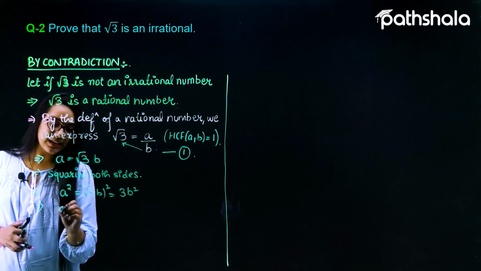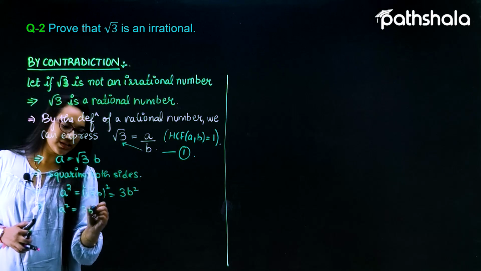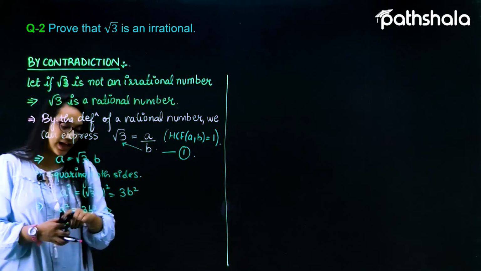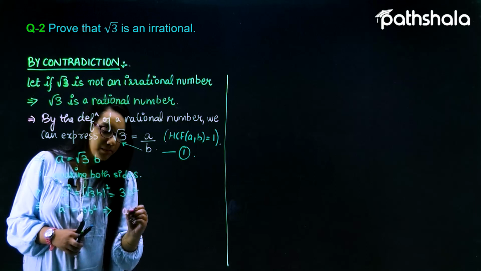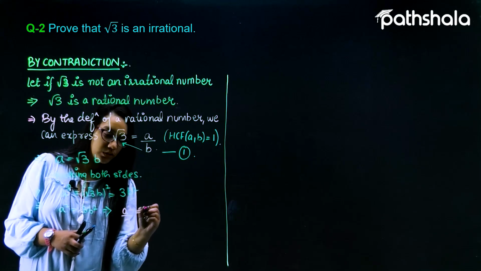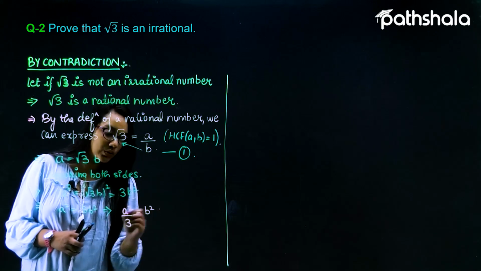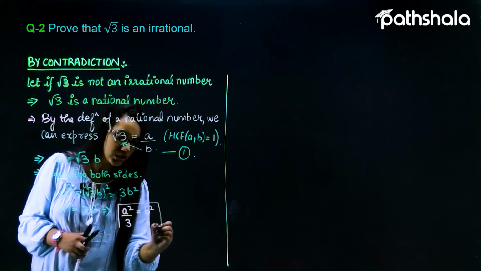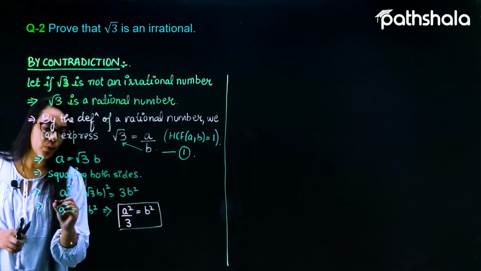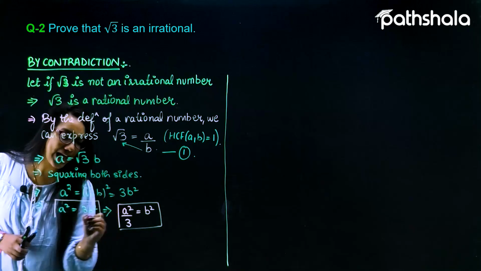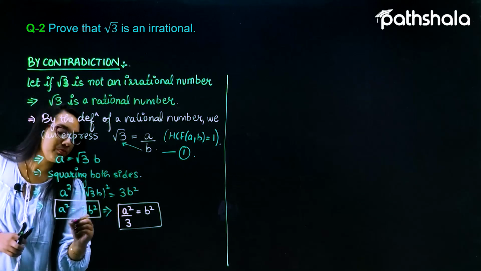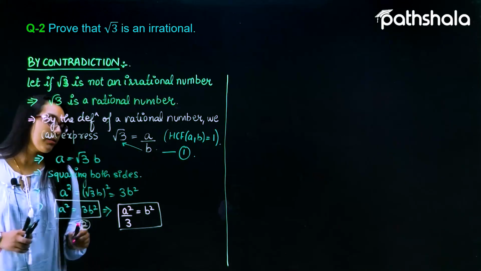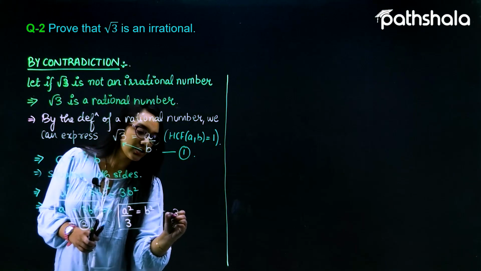So a square is equal to 3b square, and we can also write it as a square by 3 equal to b square. Let us call these equation number 2 and equation number 3.